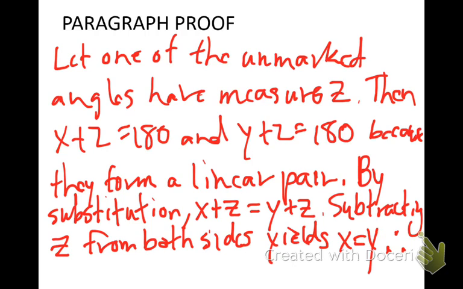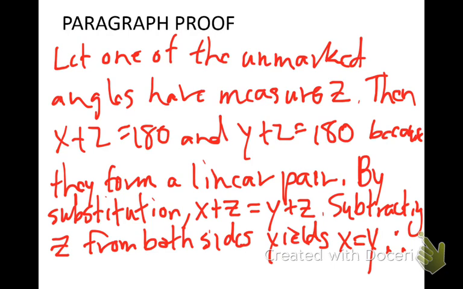That's an example of a paragraph proof. With a paragraph proof, if you're doing it off of a 2-column proof, don't just repeat the 2-column proof in sentences. A lot of times people would just write x plus z equals 180 by linear pair. Then y plus z equals 180 by linear pair, period.